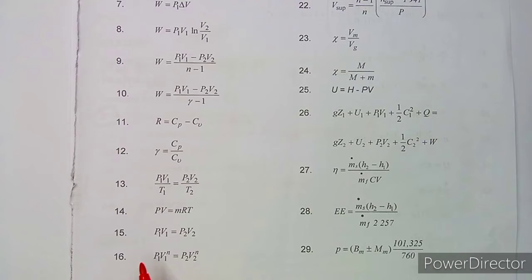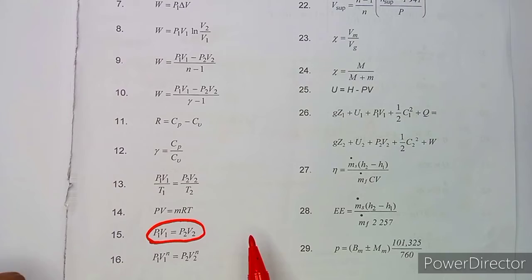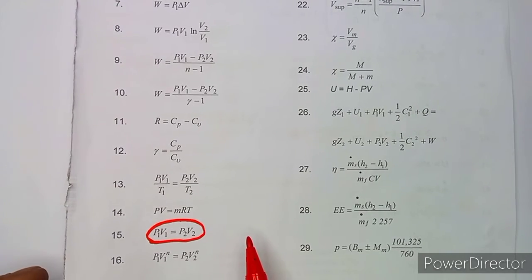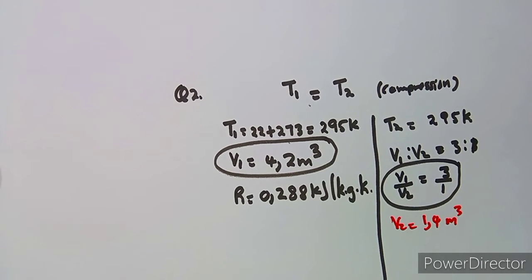Remember, we can apply this here: P1 V1 is equal to P2 V2. It's easier because we have all these. So all you need is to check your information. What do we need? Do we have P1, do we have P2? That's what you're supposed to ask yourself. Do we have P1, guys? Let's see.